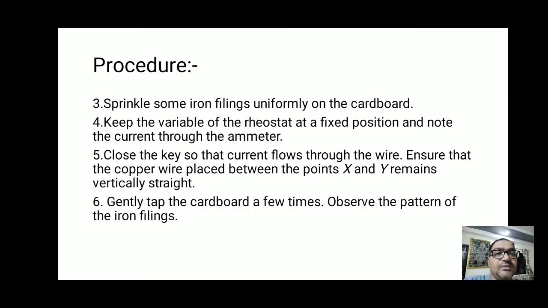Then we perform point number 6: gently tap the cardboard a few times. We have to tap the cardboard 5 to 6 times and observe the pattern of the iron filings. After switching on the circuit, we note down the ammeter reading, tap the cardboard 5 to 6 times, and then see what type of pattern the iron filings generate.